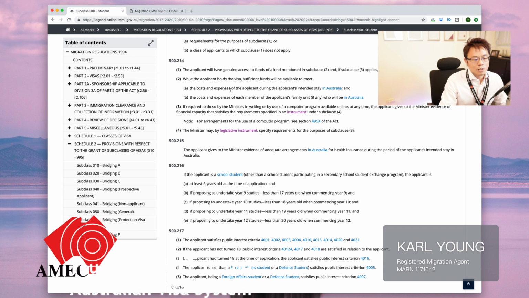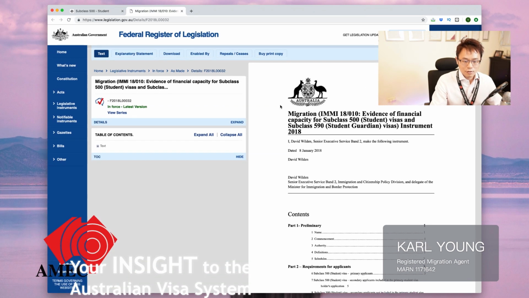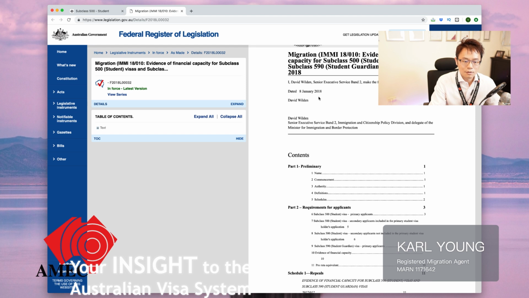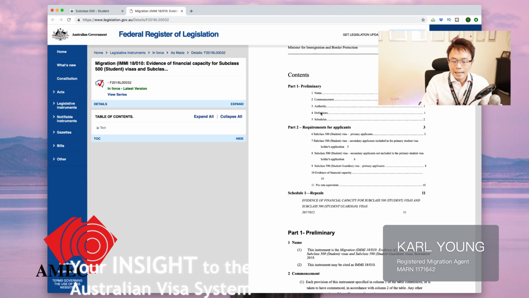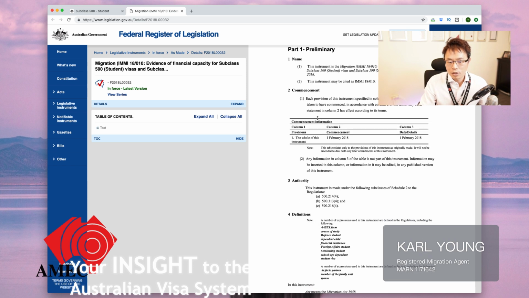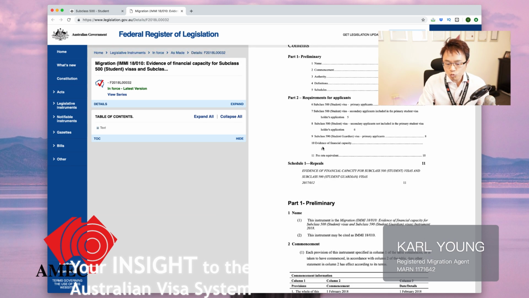Internally, the minister can determine what sort of rate they want to put. So what does this piece of legislation say? You see this is 2018 January 8th, where David Wilden, the Senior Executive Service, has amended it. They generally amend it every year.